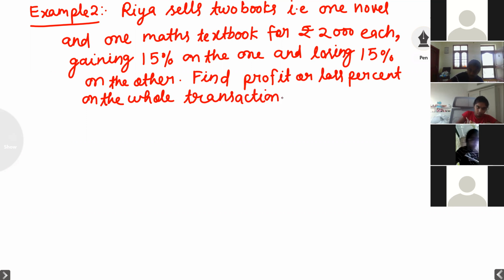Very famous question, students. In the exam they will only change the value, like 15% could be 10% or 20%, they can change the value.